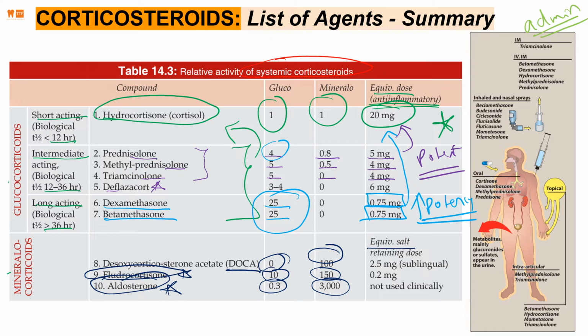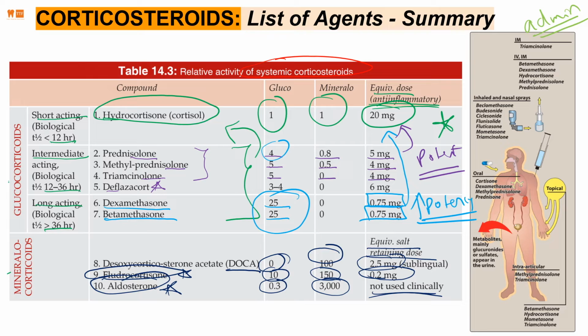This is also known as the salt-retaining dose. Aldosterone is not clinically used because it's endogenous, but fludrocortisone, only 0.2 milligrams, gives equal effect to 20 milligrams of cortisol. DOCA is administered sublingually at 2.5 milligrams, not important.